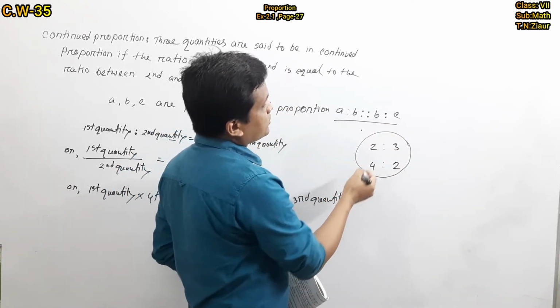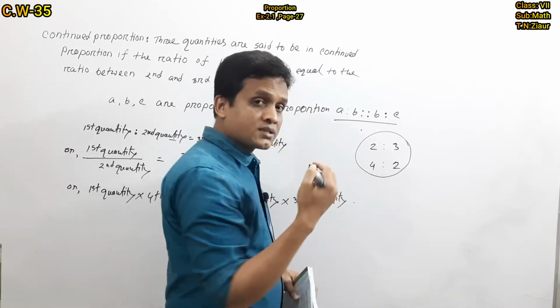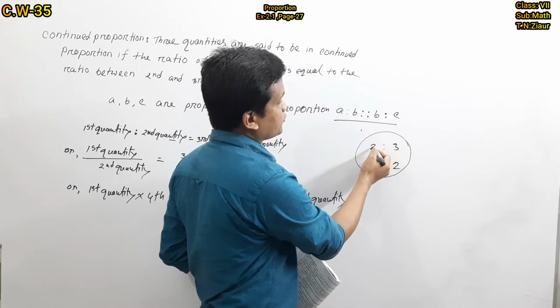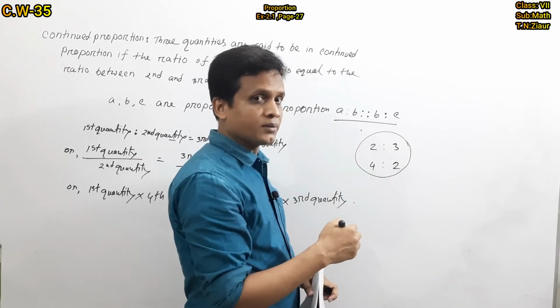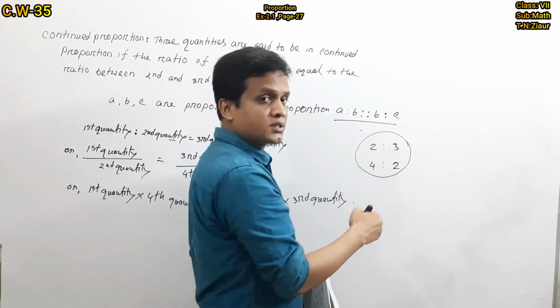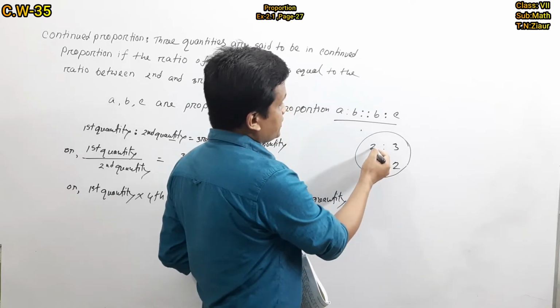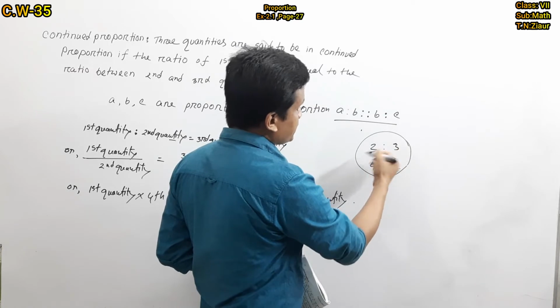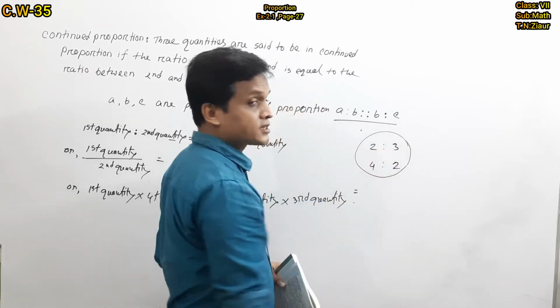So students, in class 6 you have learned that in the ratio of two quantities, the first quantity is called antecedent and the second is called subsequent, right? So antecedent, subsequent, antecedent, subsequent. In these two ratios, how to write the successive ratio?